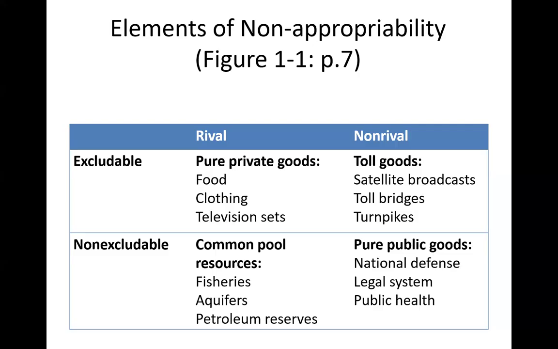Common pool resources are those that are rival in consumption and are therefore regulated by the public sector to prevent depletion. For example, hunting licenses are issued to prevent depletion of the species, with penalties issued for overconsumption of the good.